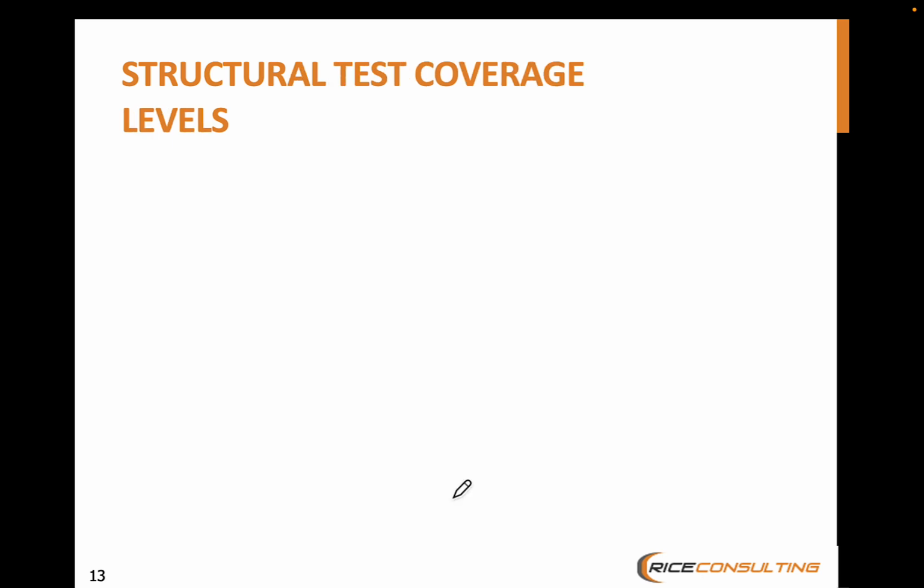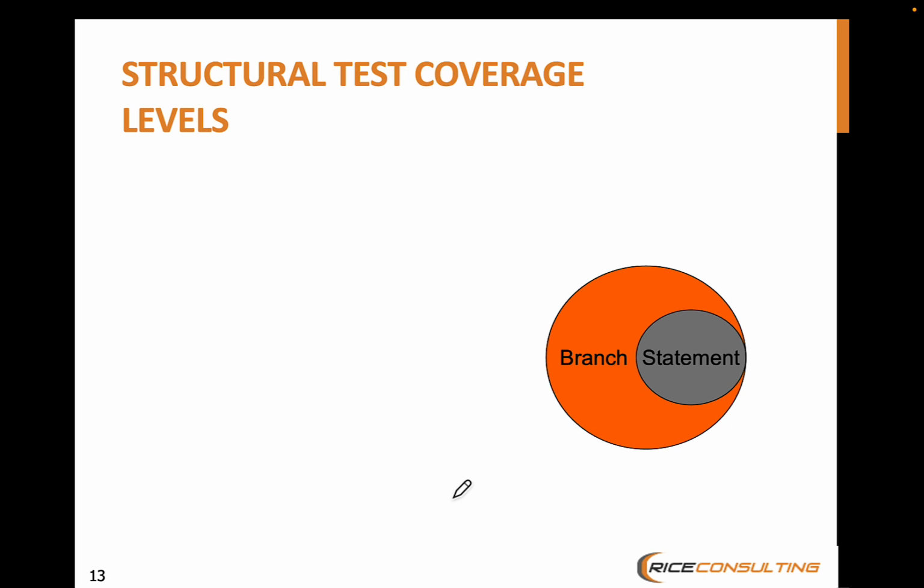Now, it's important to understand that these levels of coverage build on each other. So at the lowest level of coverage is statement coverage, where we're just saying we've covered each line of code at least one time. Just above that, you have branch, or sometimes it's called decision outcome coverage, where you take each branch off of an if statement, for example, or maybe perhaps even a go-to.